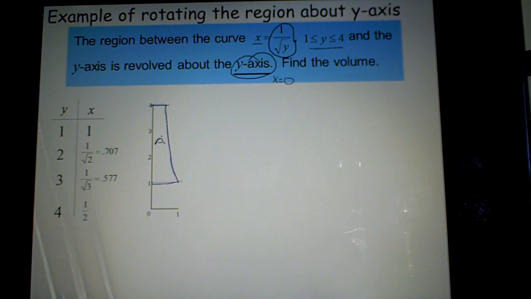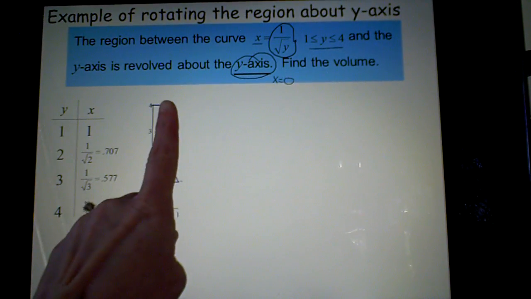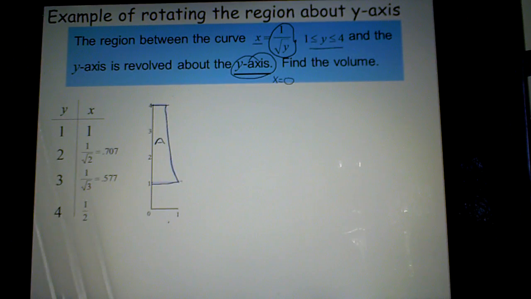I'm going to take this figure and spin it, not around the x-axis, right? So I'm not going to spin it this way. I'm going to spin it this way. So now I want to find volume. To find the volume, I take the area and multiply it times a third dimension, the width.